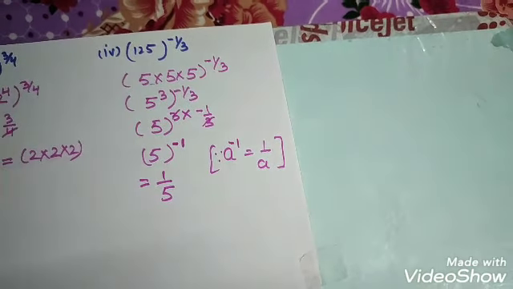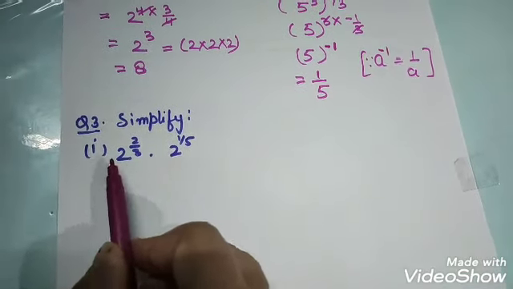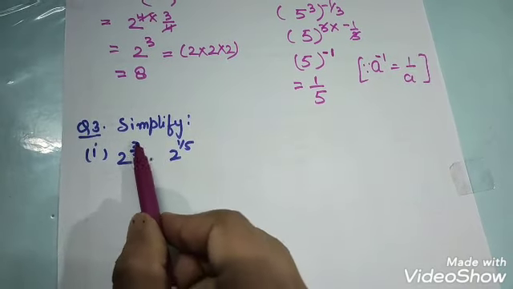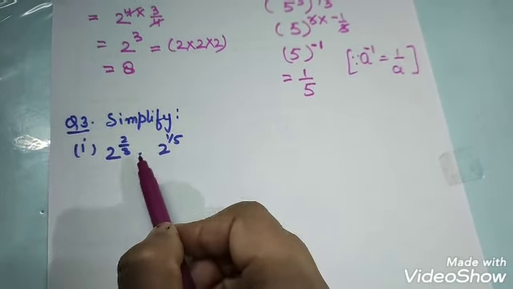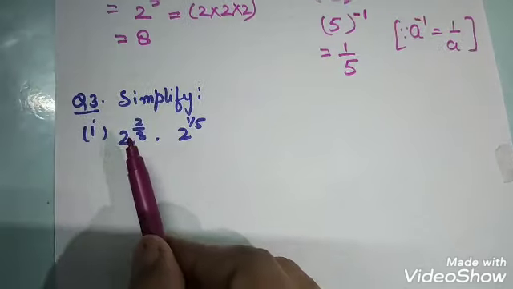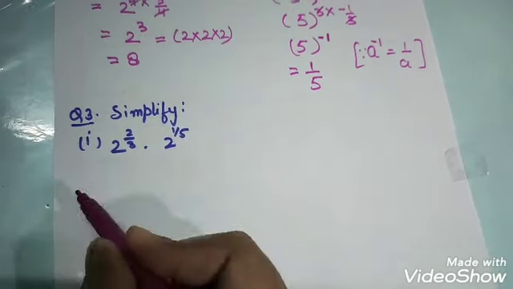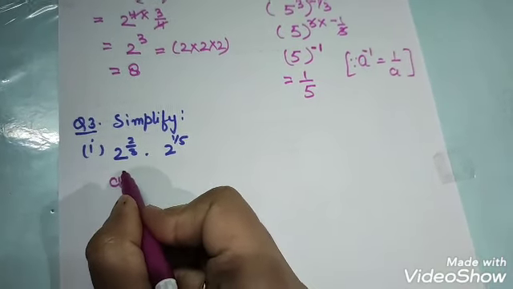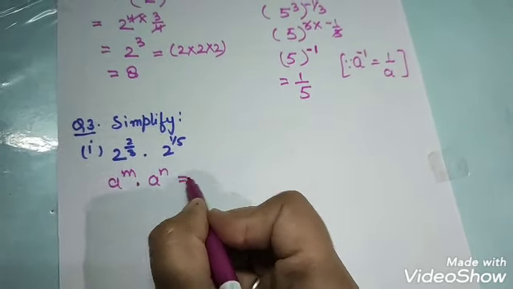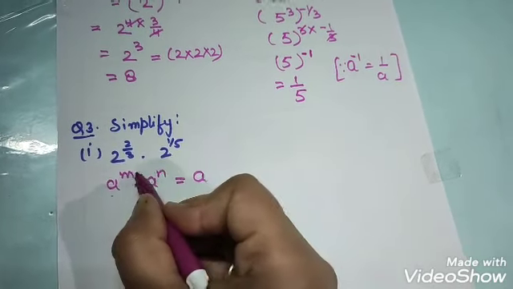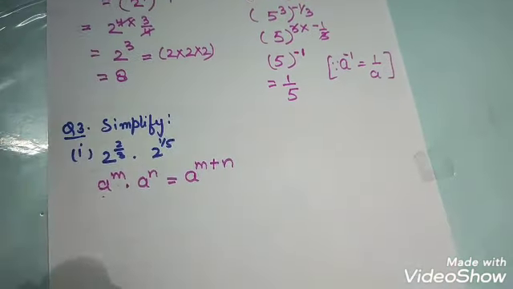So now move to the last question of this exercise. So question third is simplify: first, 2 to the power 2 by 3 when multiplied with 2 to the power 1 by 5, what will be the answer? Now notice that they have the same bases but different powers, and we know through the law, if the same bases a to the power m and a to the power n are multiplied, then this base gets common and these powers are added, m plus n.